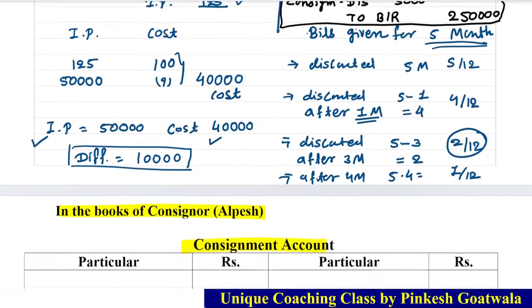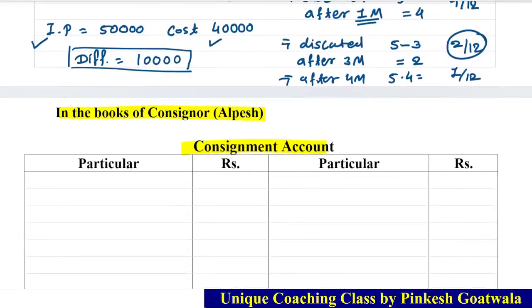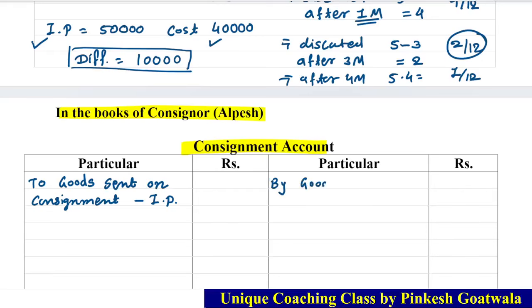So in a previous video I explained how to give effect. So on the debit side we have to give entry to goods sent on consignment. Here we have to show which price? Invoice price. And on the credit side we also give entry goods sent on consignment.